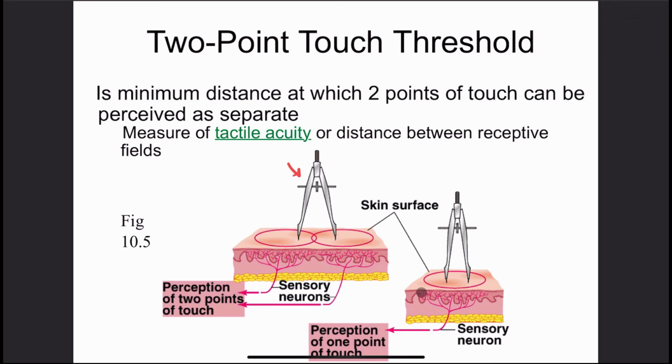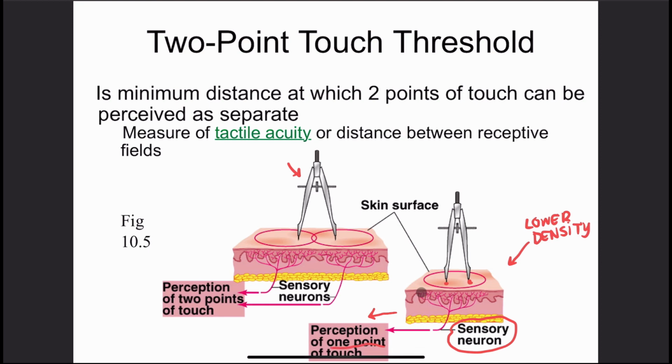And so on our back, for example, right here, that has a lower density of sensory receptors. Say there is one sensory neuron shown here. This 2-point touch is all within the same receptive field. And so what you are going to perceive is only 1 point of touch.